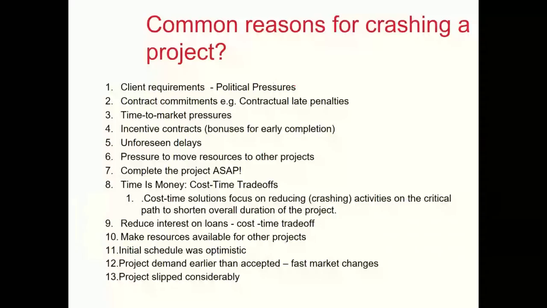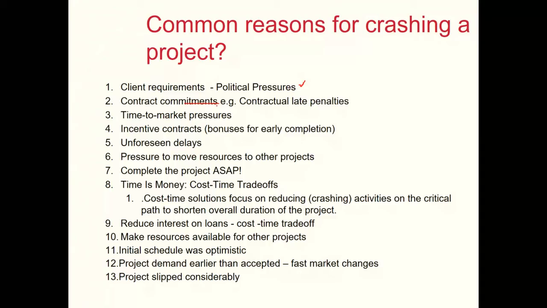It could be because of client requirements or political pressures. Sometimes when we are planning, because of political reasons or whatever, these plans are very optimistic, but they are not possible to deliver. Or sometimes there are contract commitments, such as contractual late penalty clauses, and to avoid those, we may like to have our subcontractors working in two shifts so that we could deliver our projects on time.